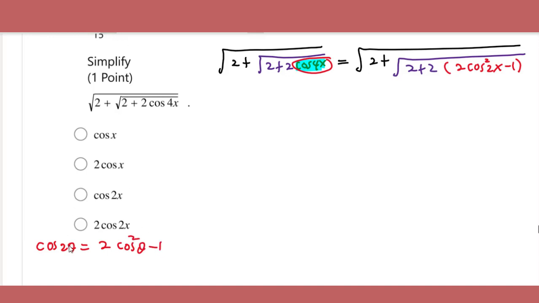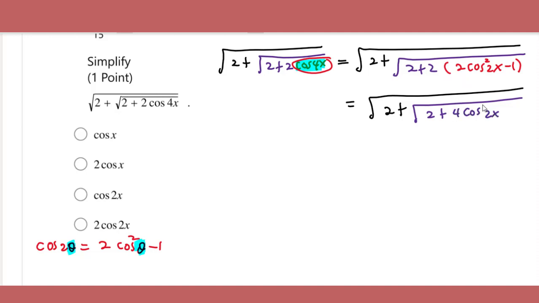And then when theta changes to 2x or 4x, this one is 2x. Okay, and simplify. 2 plus, expand: 4 cos 2x squared minus 2.